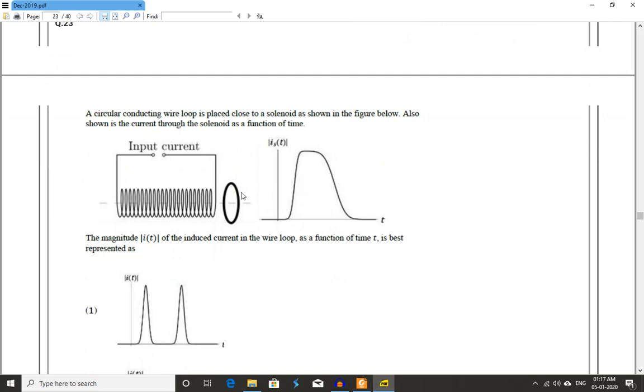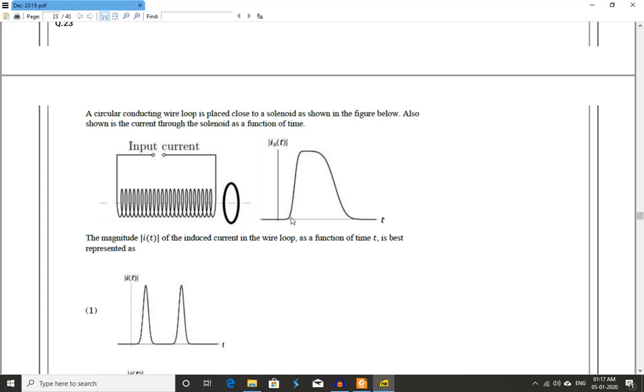Why not very tough? There is a current conducting wire loop. This is your solenoid, so the magnetic field inside the solenoid will be along the axis. So the magnetic field will pass along the axis, in this direction. If you change the current, the magnetic field also changes.